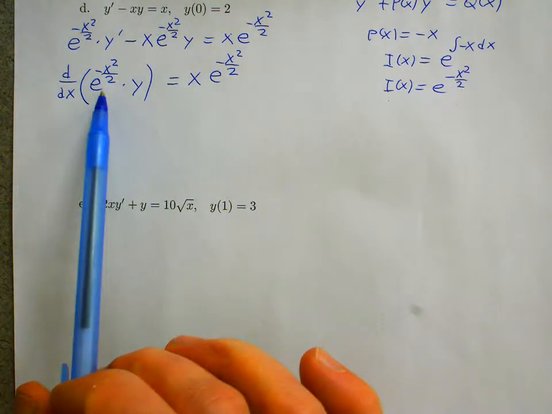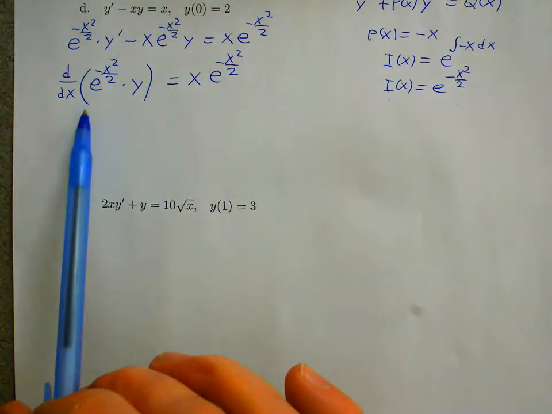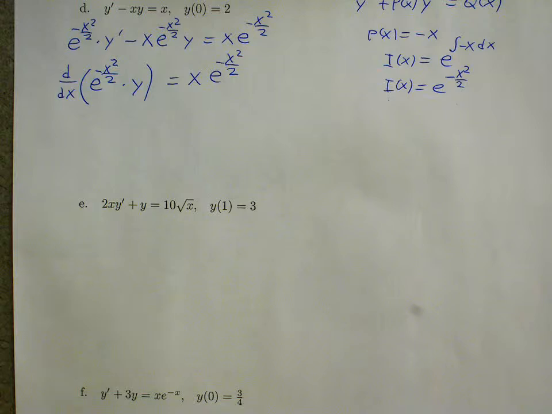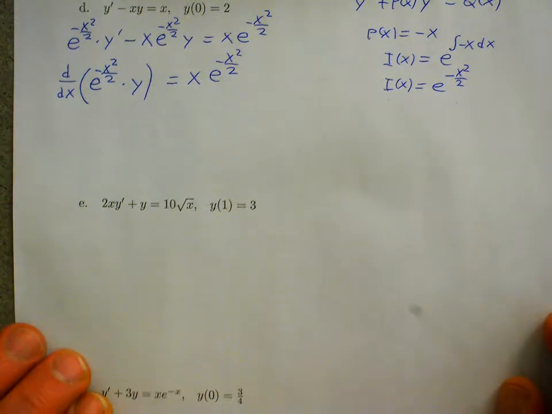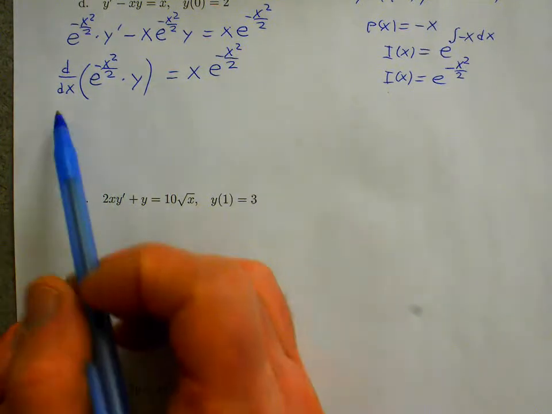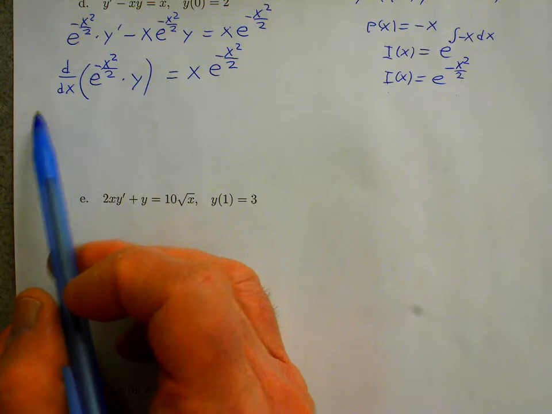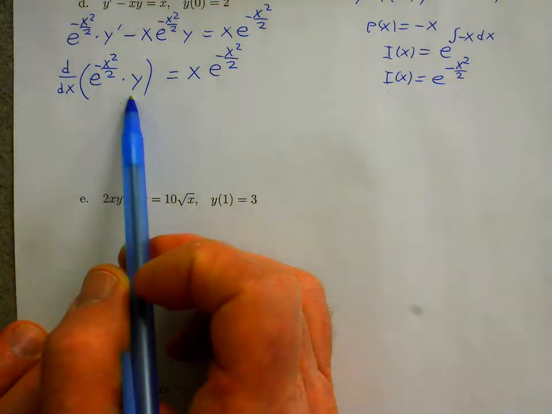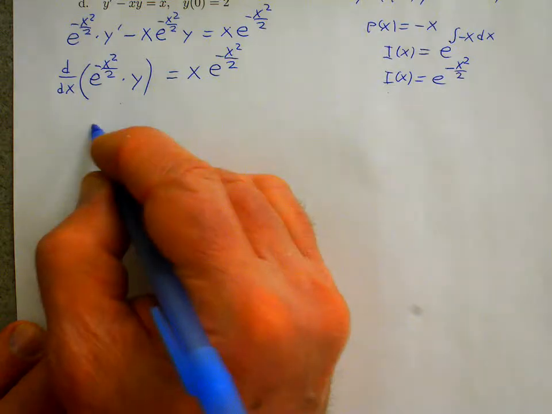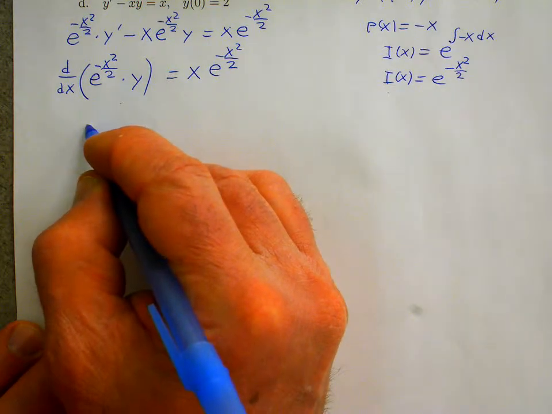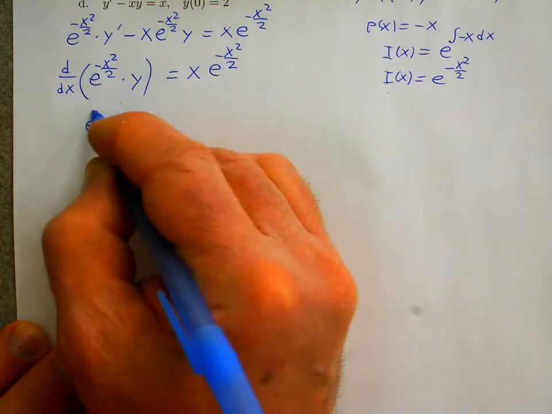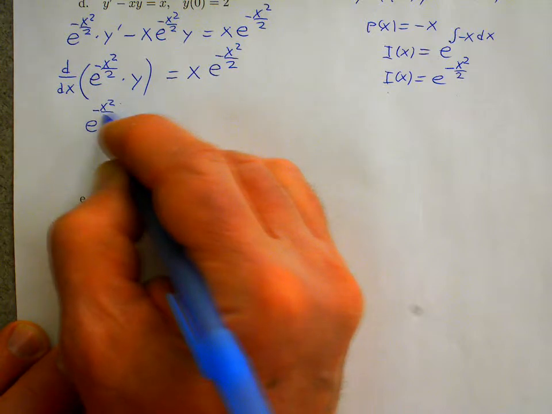So yeah, it looks like we're okay. So when we integrate the derivative of a function, we just get the function on the left-hand side. So the left-hand side after integrating is e to the negative x squared over 2 times y.